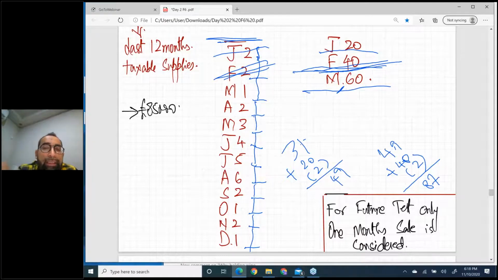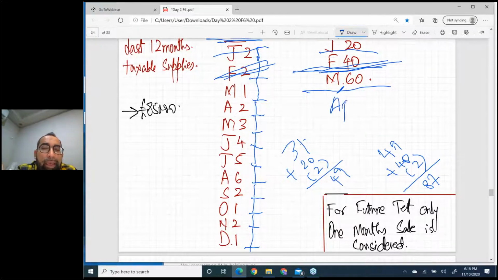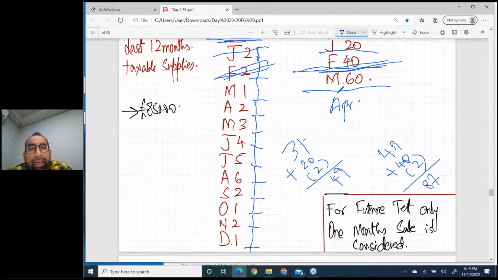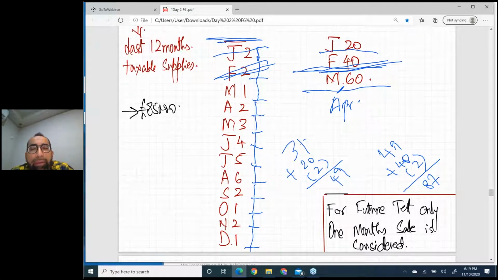The tax department will make him an active registered person from 1st April. Okay, I repeat my words. At the end of Feb, the trader realized that his last 12 months' taxable supplies crossed 85,000.